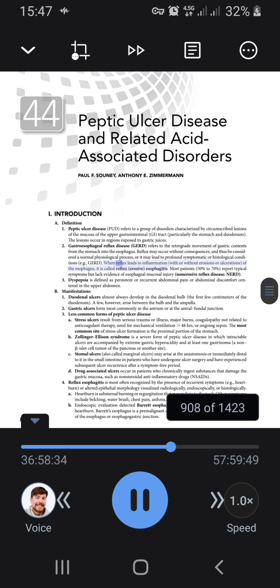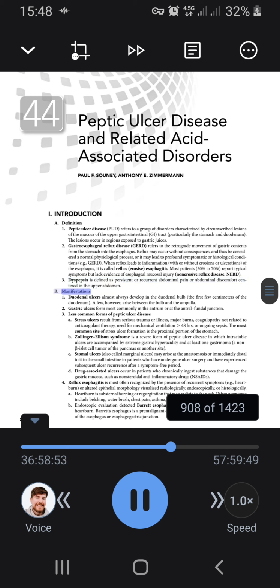When reflux leads to inflammation with or without erosions or ulcerations of the esophagus, it is called reflux erosive esophagitis. Most patients, 50% to 70%, report typical symptoms but lack evidence of esophageal mucosal injury: non-erosive reflux disease (NERD). 3. Dyspepsia is defined as persistent or recurrent abdominal pain or abdominal discomfort centered in the upper abdomen.